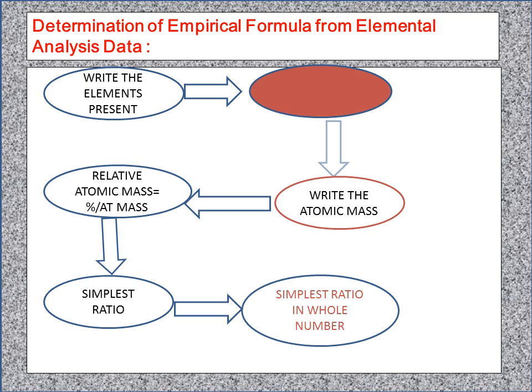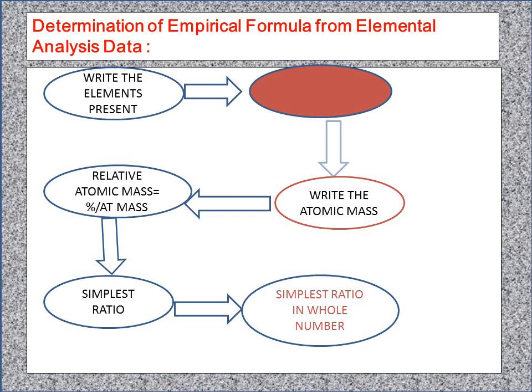First we must write the elements present in sequence. Then in the second column, we must write the percentage composition of each element. Third column, you should write the atomic mass. For carbon it is 12, for hydrogen it is 1.008, for oxygen it is 16. Then the fourth column, we must calculate the relative atomic mass.